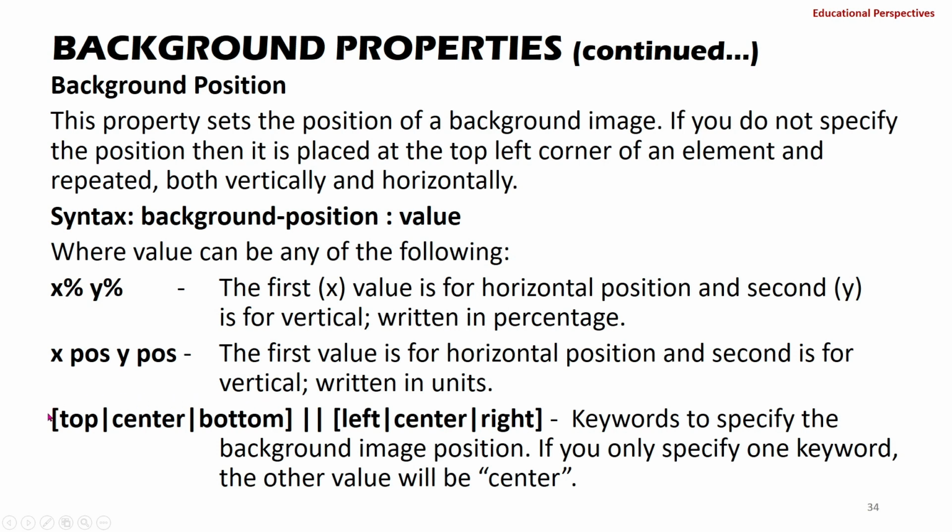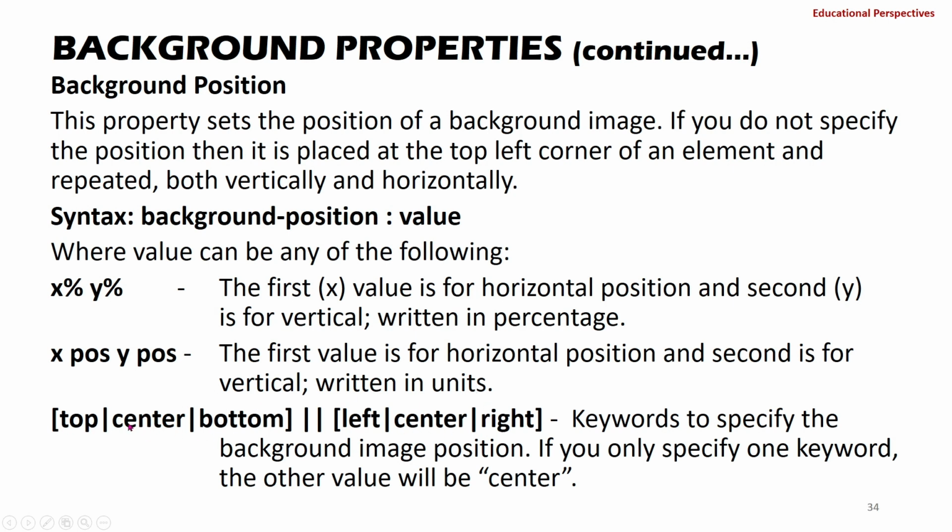If out of these two, x and y, only one is written, say suppose I write top, center or bottom, and I write nothing in the other. This is your vertical and this is your horizontal.